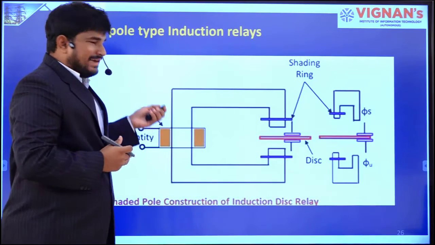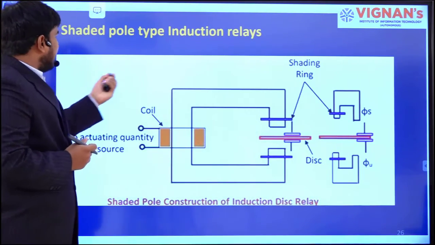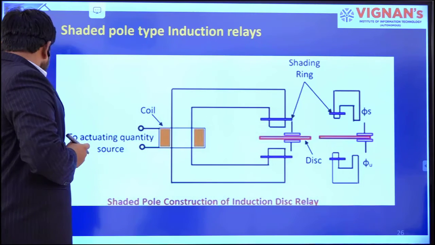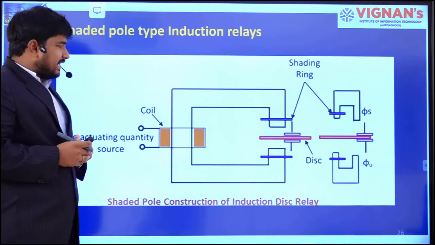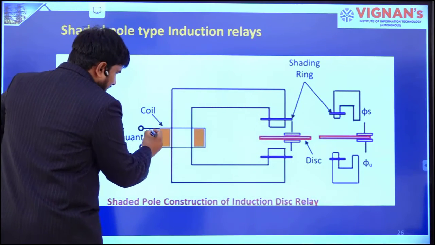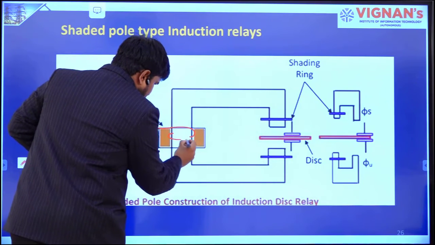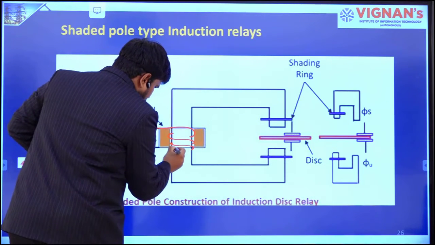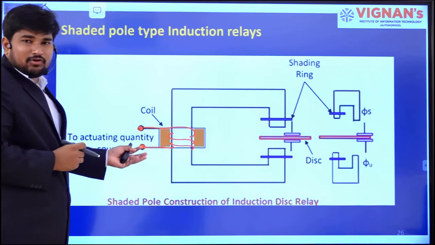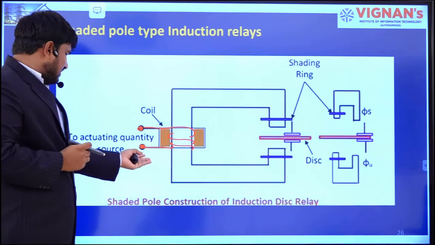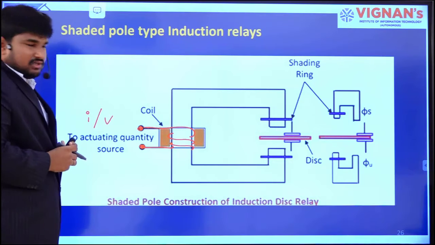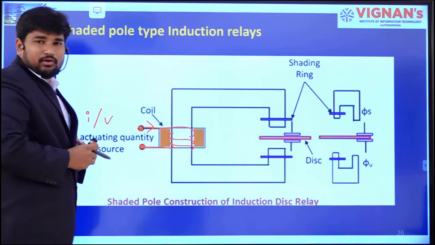Among the three types of induction relays, the first one is shaded pole type induction relay. In this case, we have a C-type electromagnet which is wound with a coil, and this will be given the actuating quantity, either current or voltage.